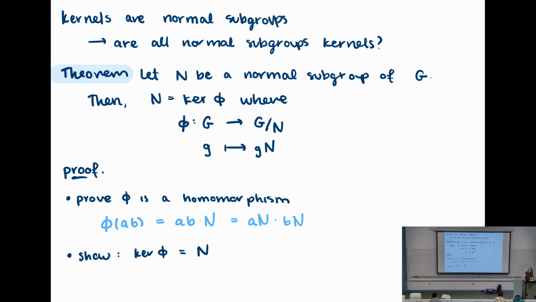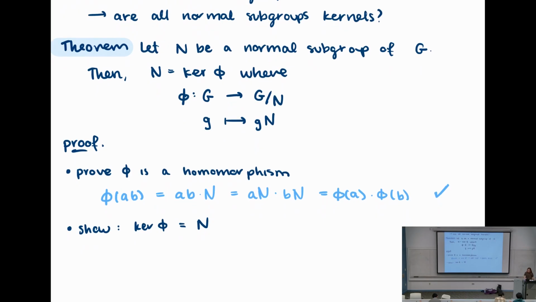And then individually, these are each equal to phi of A and phi of B. Okay, so this tells us that phi does indeed preserve the group operation, and so it is a homomorphism.